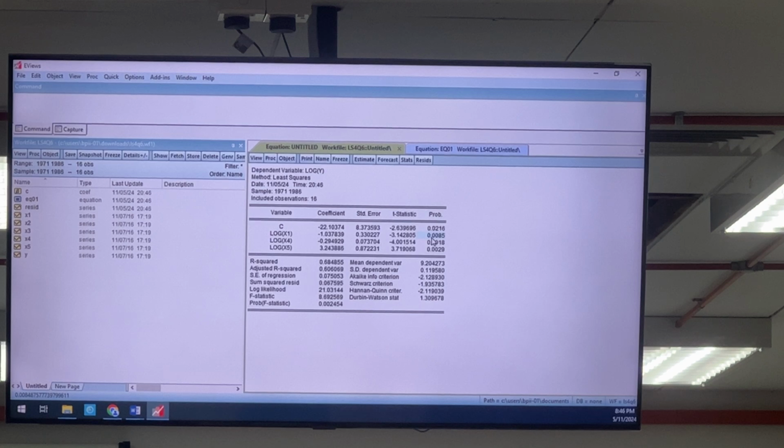Previously, in the original model, only one variable was significant at 5%, but now all three are significant. X1 now has the correct sign. X5 was negative before, but we expect positive, and now we get positive.